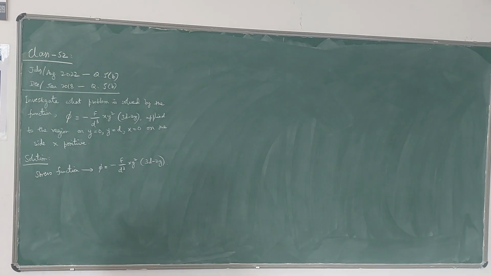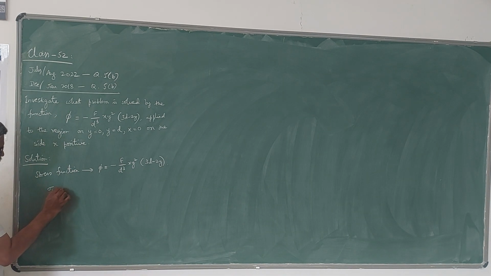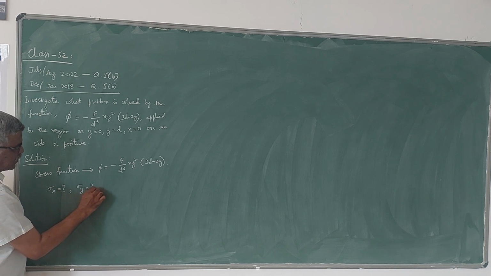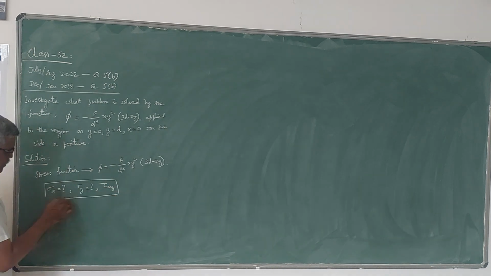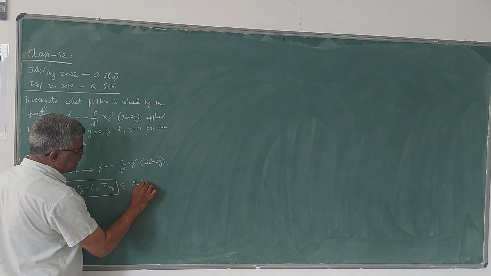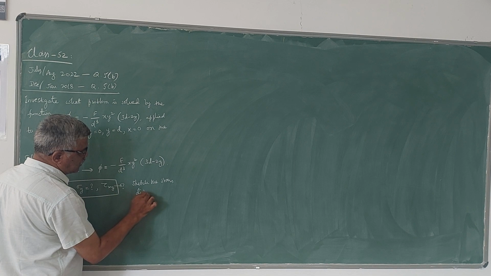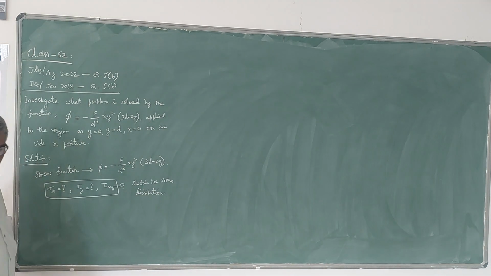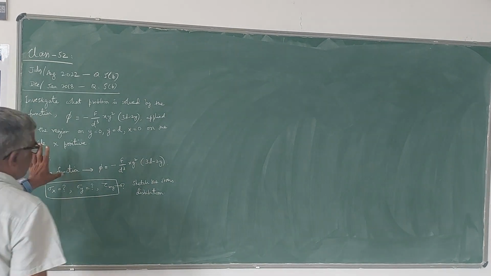The question, what problem is solved, means we have to find out sigma x, sigma y, tau xy, and we have to sketch the stress distribution. That is the main problem. In elasticity you have one-dimensional, two-dimensional and three-dimensional problems. Of course, it's a two-dimensional problem.